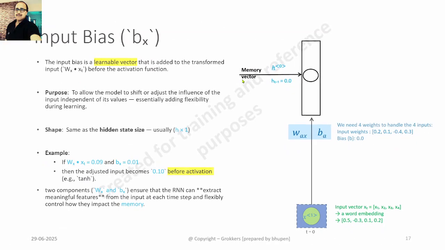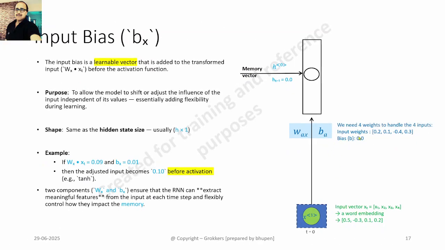Corresponding to the input, we also need to have the bias. The bias is defined here as part of the weight and bias pair. The purpose of the bias is the same as what we saw in linear regression: to allow the model to shift or adjust the influence of the input on the output. Here the shape of the bias is simply the hidden state size, which in this illustration is 1 dimension, or rather a scalar value.